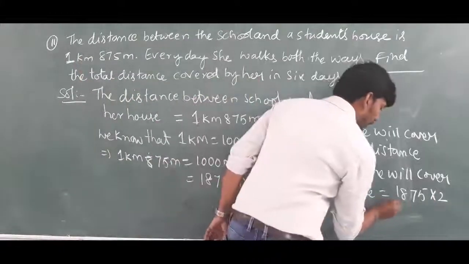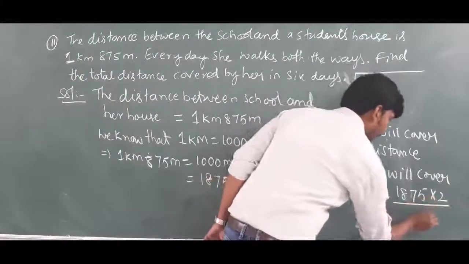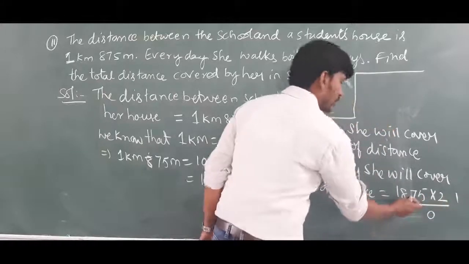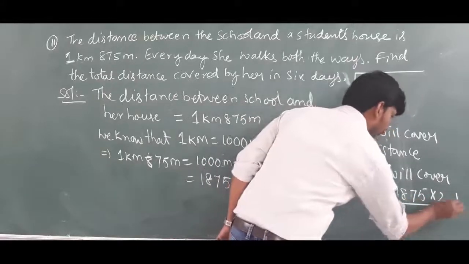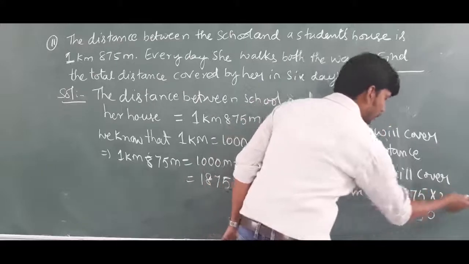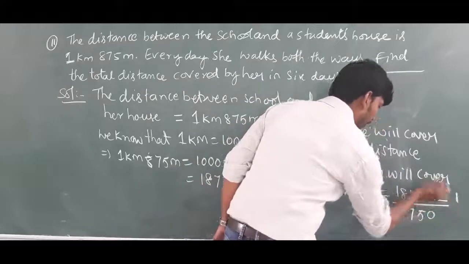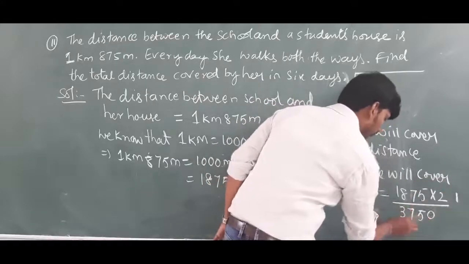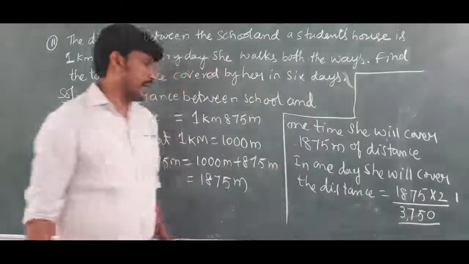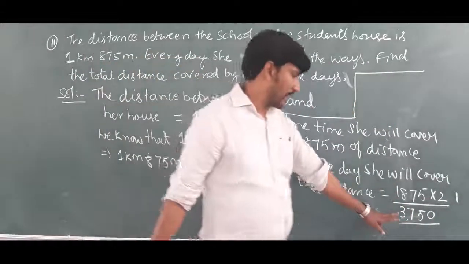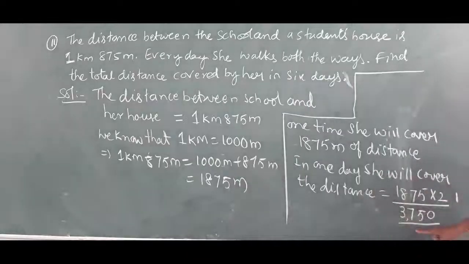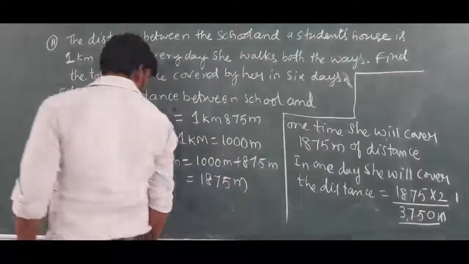So when we multiply these two, 2 5s are 10, 1 carry forward, 2 7s are 14 plus 1 15, 1 carry forward, 2 8s are 16 plus 1 17, 1 carry forward, 2 1s are 2 plus 1 3. So in one day she will cover the distance 3750 meters.